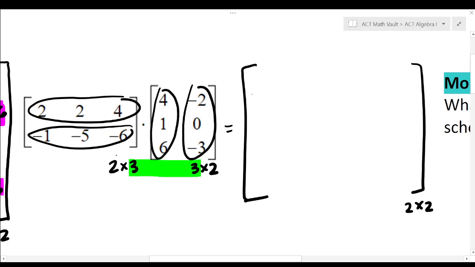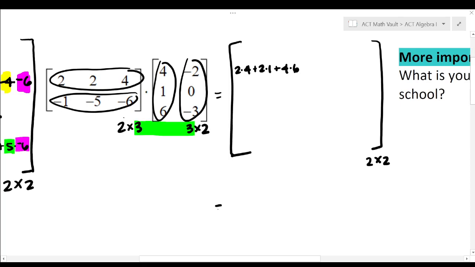So that's going to be 2 times 4 plus 2 times 1 plus 4 times 6. Okay. The answer will be, whatever that is. So that's 8 plus 2 is 10 plus 24 is 34.